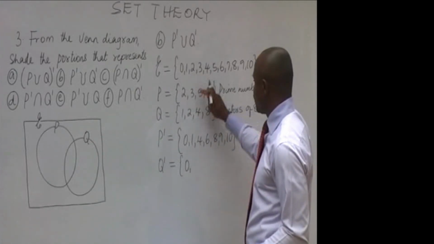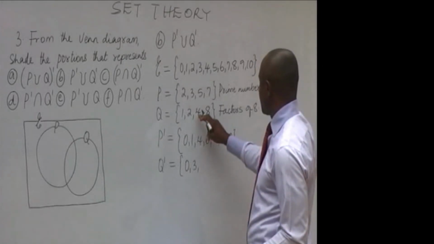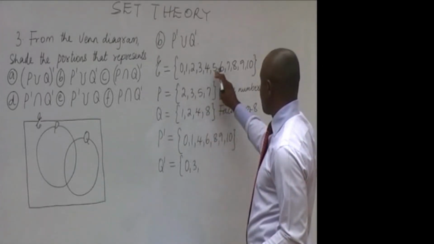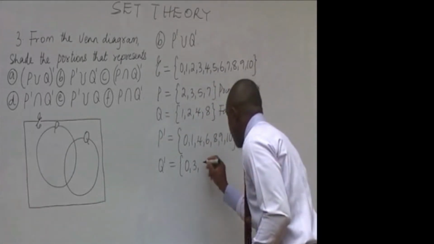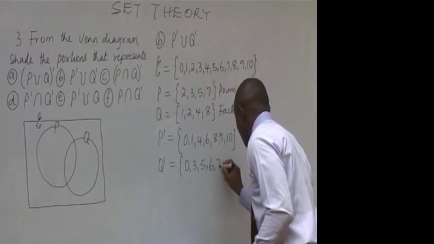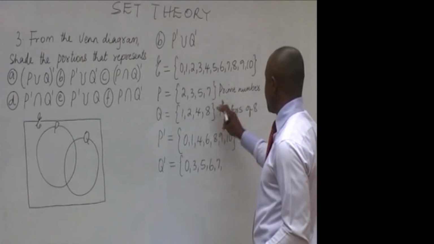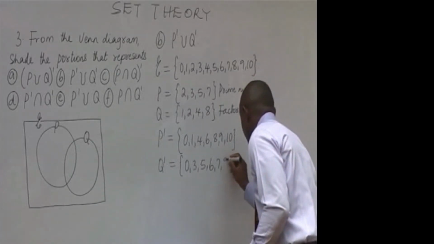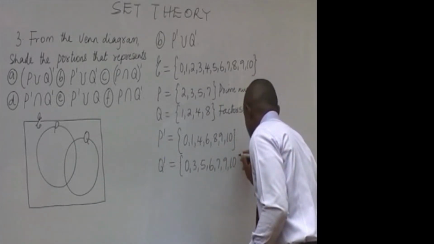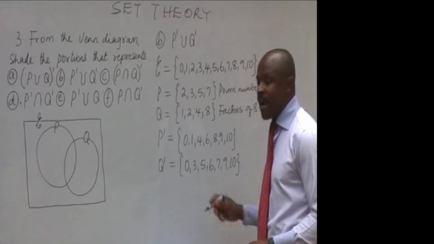There's no 3 here, so 3 is among it. That's 4, that's 4. 5, 6 is not here, so write down 5 and 6. 7 also is a member because there's no 7 in Q. 8 is here, 8 is here, then 9 and 10. Now this is Q prime.